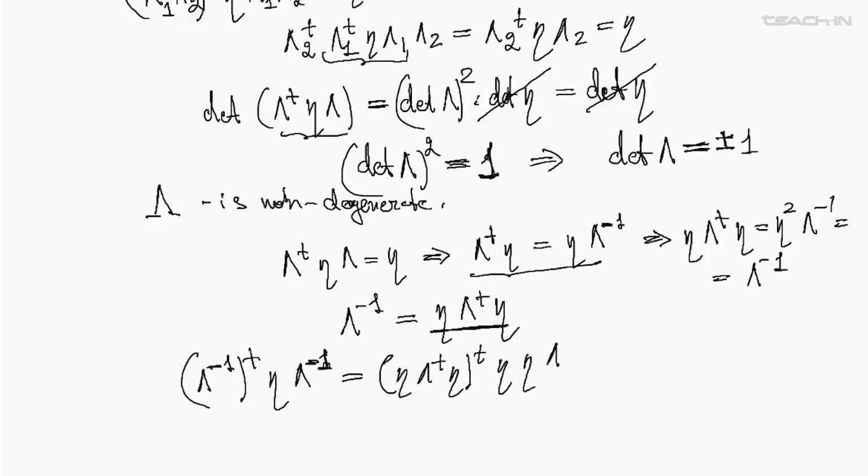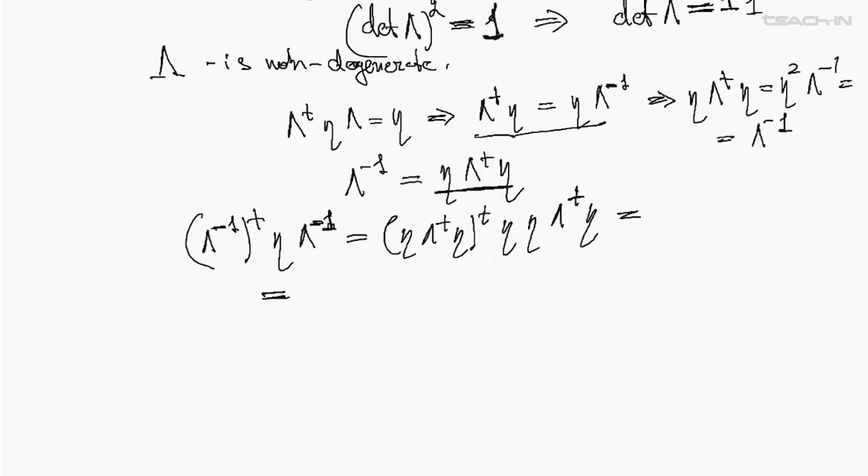And so now using the property of the transposition, we will get eta. By the way, since eta is diagonal, its transpose coincides with itself. So we will get eta lambda eta. Here, eta squared gives us the identity matrix, and then we get lambda transpose and eta again. That is what we get.